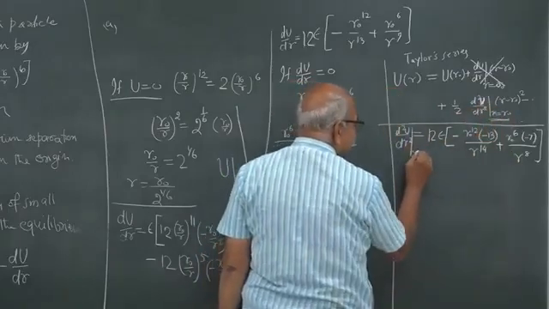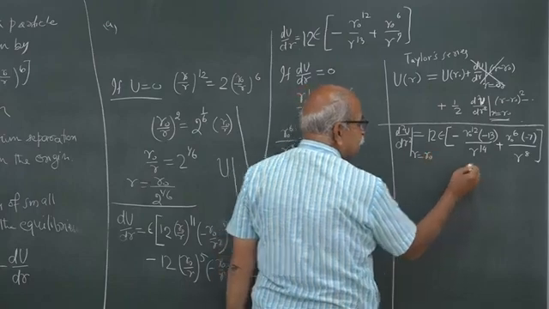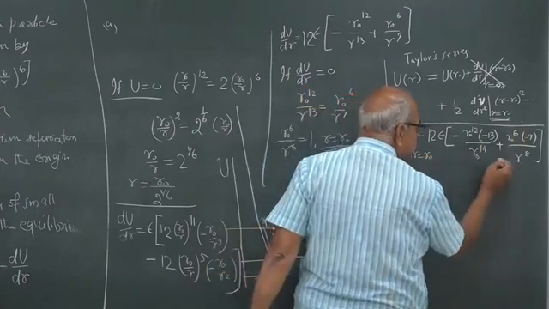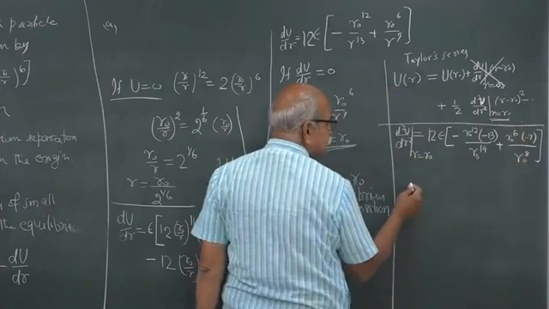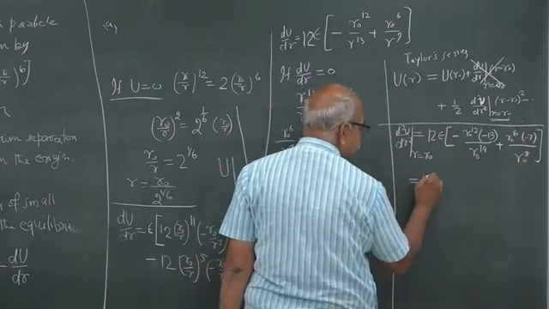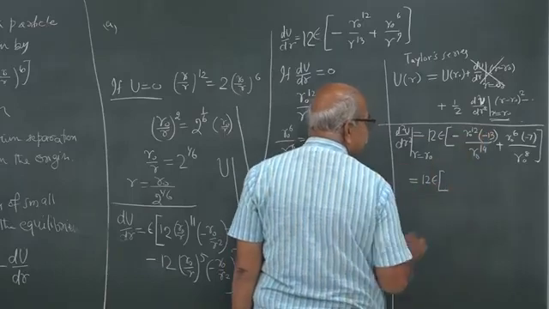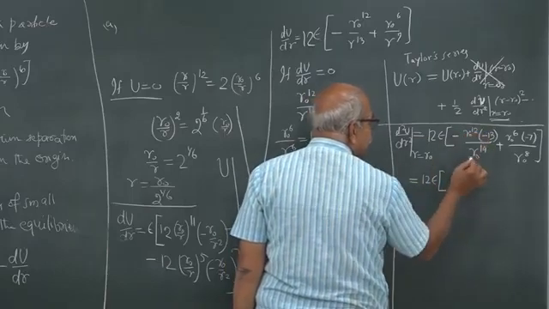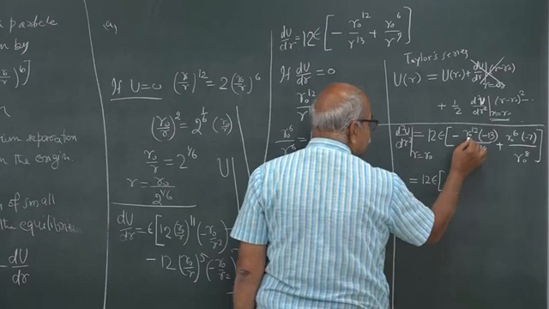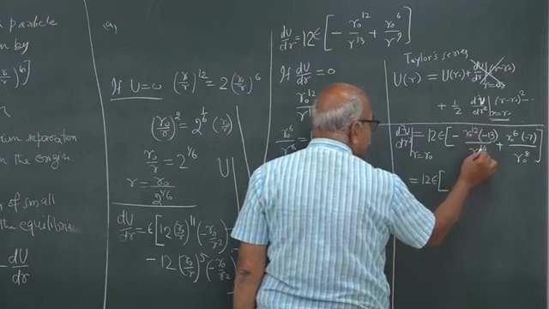So, if I write r equal to r naught, every r becomes r naught. Then what happens? Then it is 12 epsilon, this minus and this minus is plus, r naught to the power 12 divided by r naught to the power 14. So, it is r naught to the power 2.